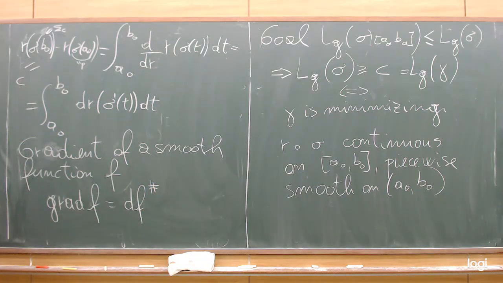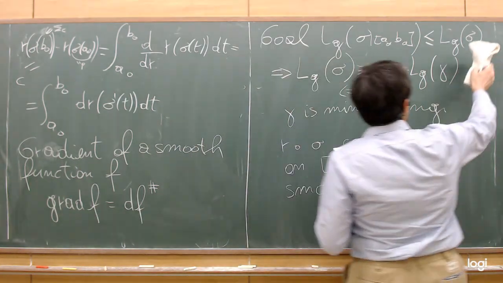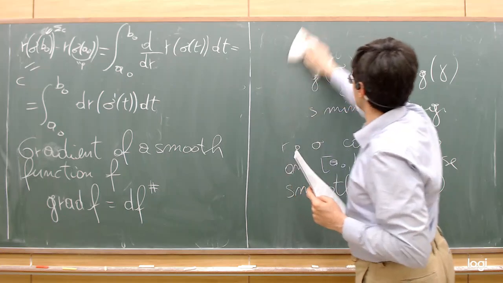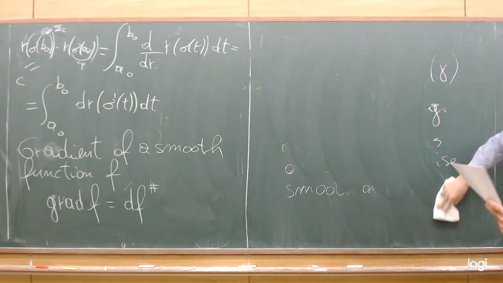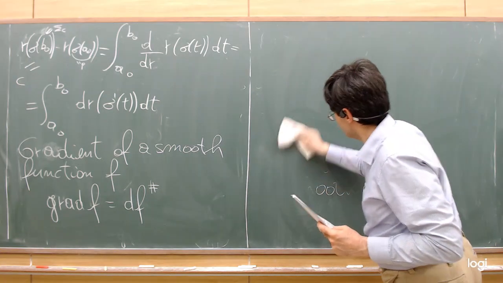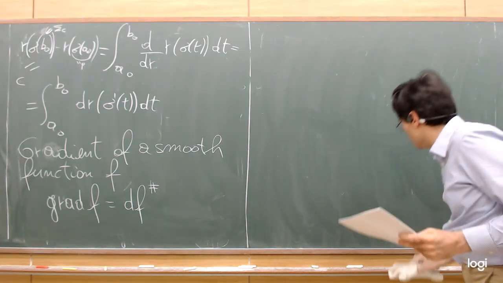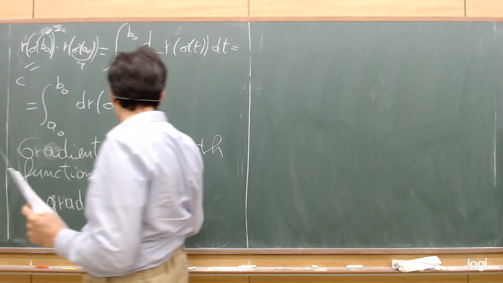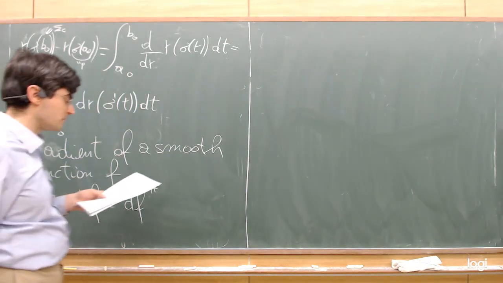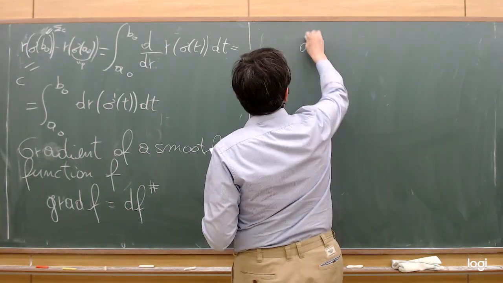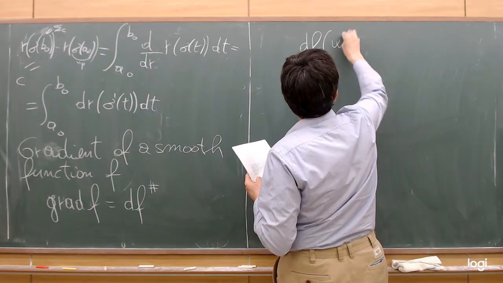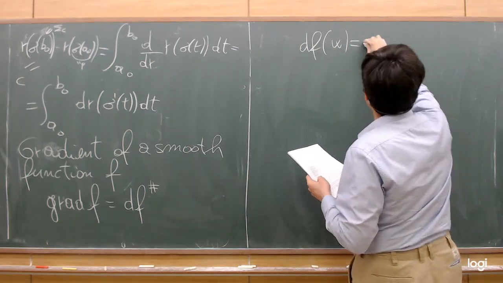It is df sharp. If you use the definition of sharp, you can find that this identity holds true.